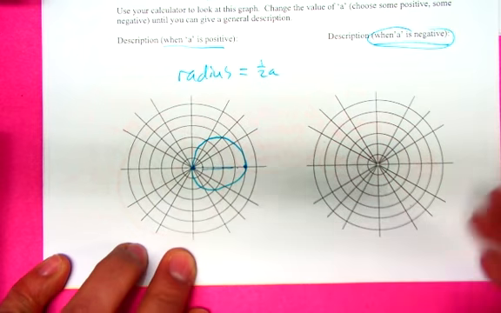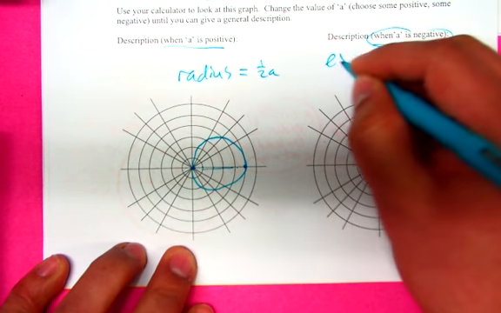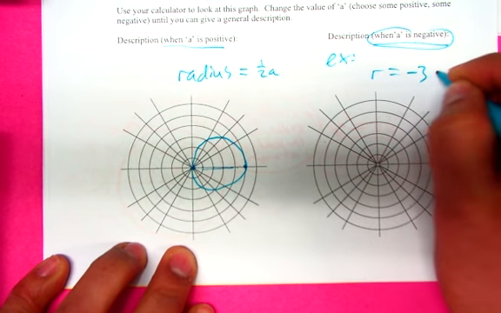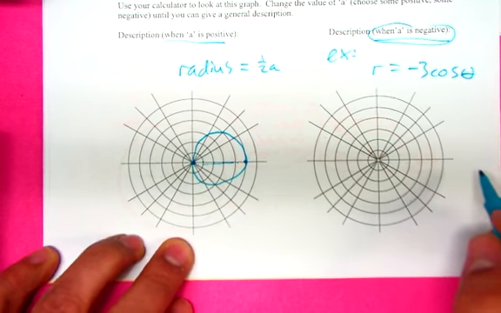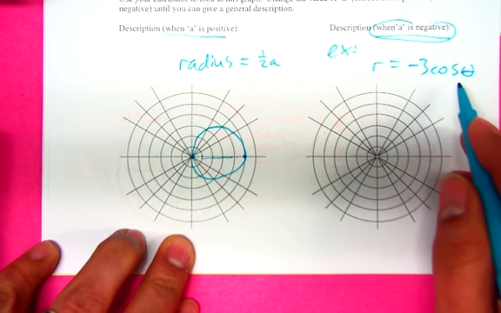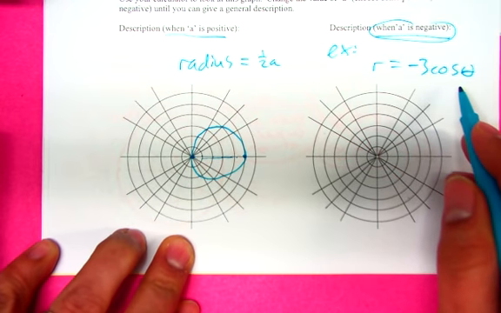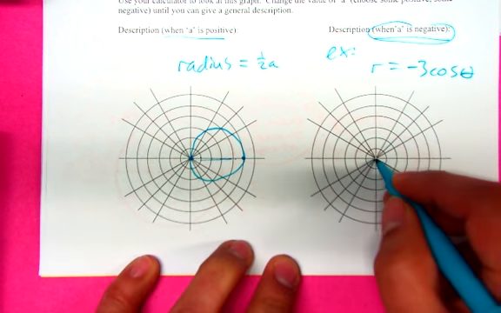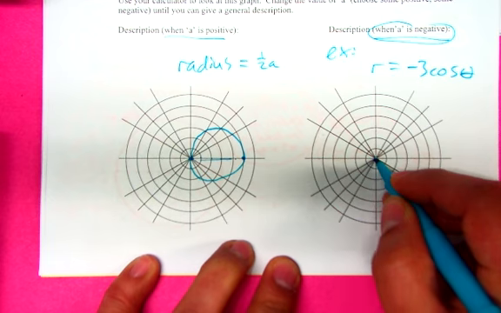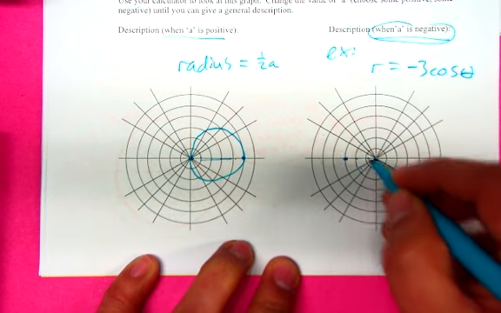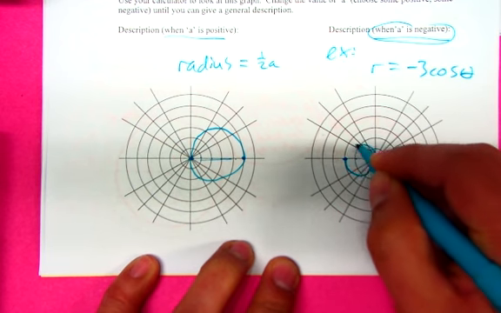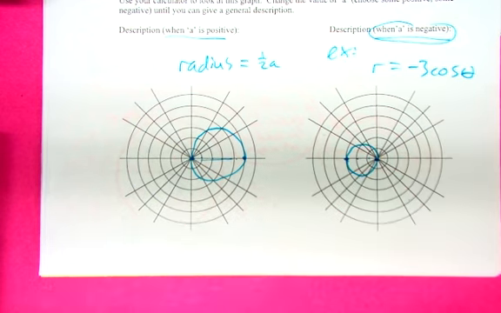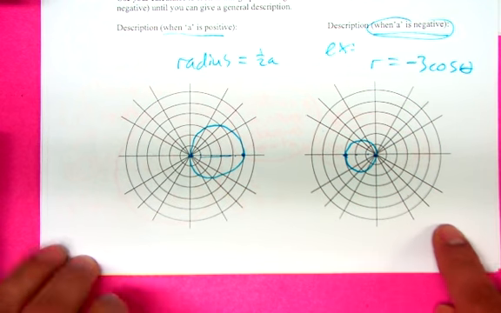If we did r equals, for example, minus 3 cosine theta, this circle would be on the left side. So I'd go 3 out, 1, 2, 3 to the left, and then you make a circle there with a diameter of 3, or a radius of 1.5. Questions on that?